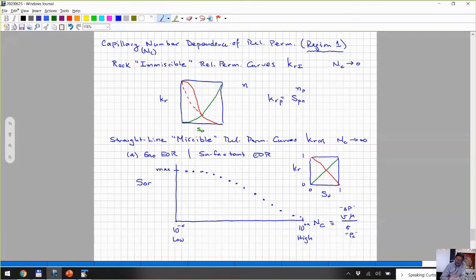Typically for rock curves, this exponent n ranges from, at the very best, 1.5, to maybe at the very worst, greater than 4 or more.